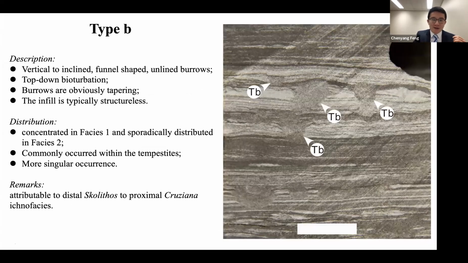Type B is quite similar to type A. The big difference is that type B is funnel shaped and always tapers downwards. The infillings are also structureless, and they are also commonly identified from tempestites associated with lithofacies 1. Similar to type A, type B is interpreted to represent a group of trace fossils attributable to the distal Skolithos to proximal Cruziana ichnofacies.